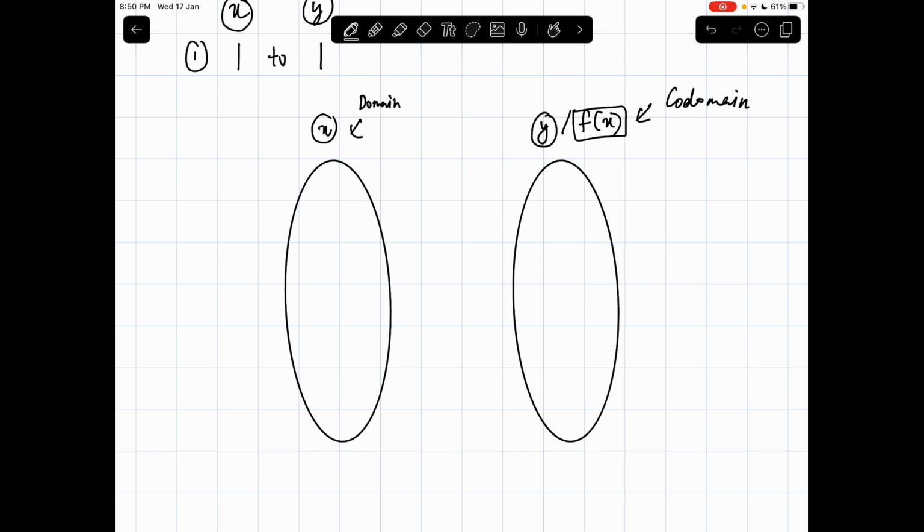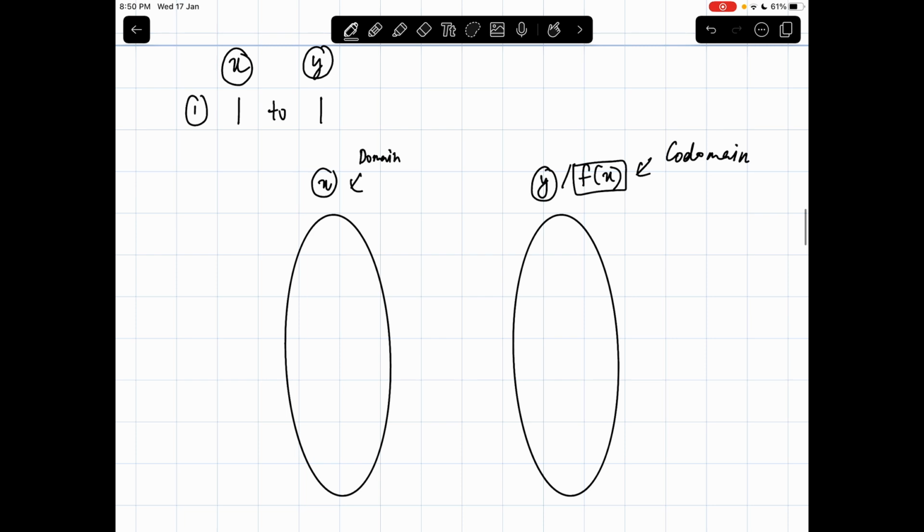Now, let's take a look at x and y. One-to-one means, for instance, we have values 2, 4, and 6 for x, and for y, we have 3, 5, and 7. Just an example.